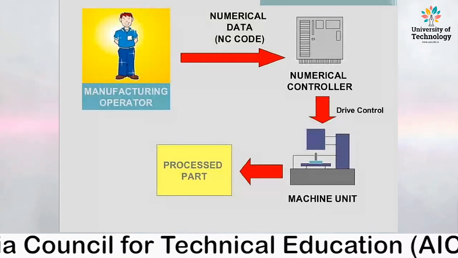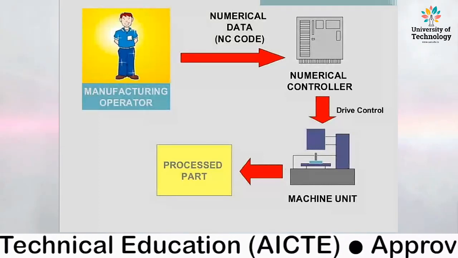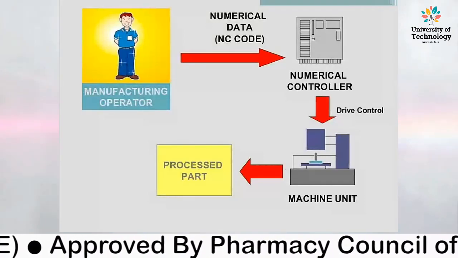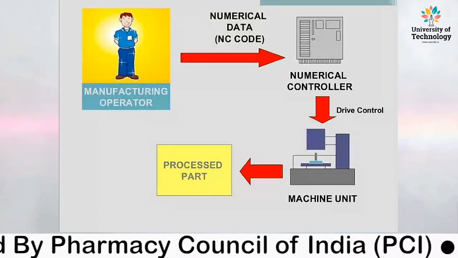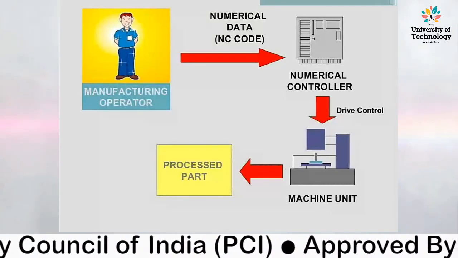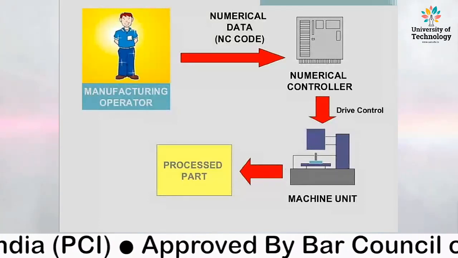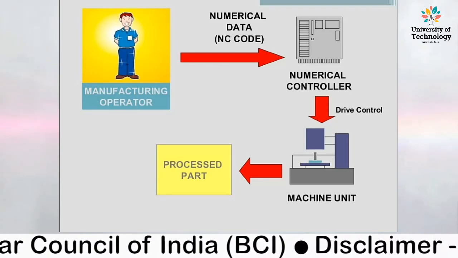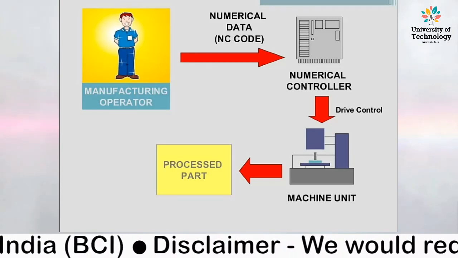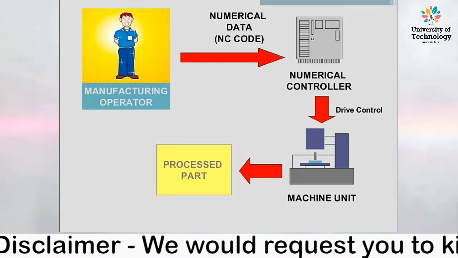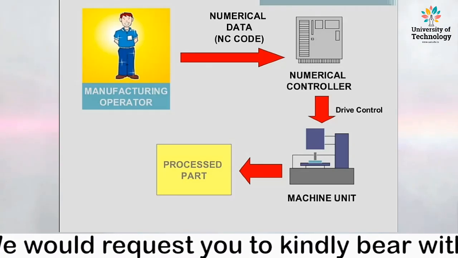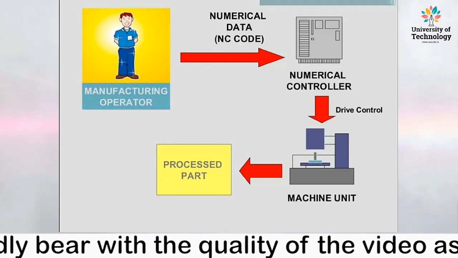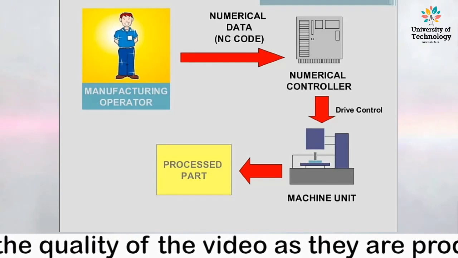Here is a manufacturing operator, where numerical data or NC code is fed to the numerical control, then the numerical control feeds data to the drive control, and the drive control feeds the machine unit, and the machine unit processes the particular part, completing all operations on the particular product.